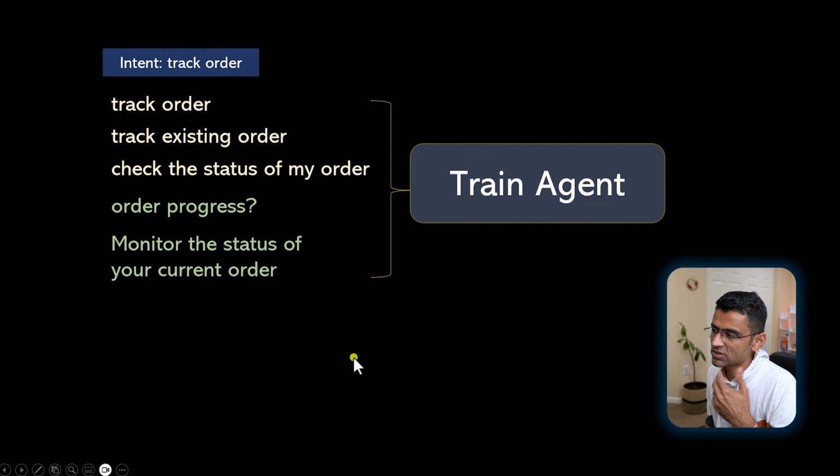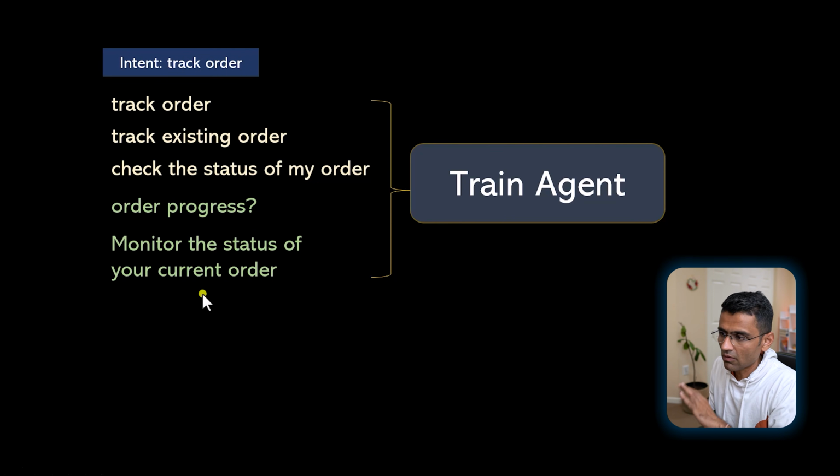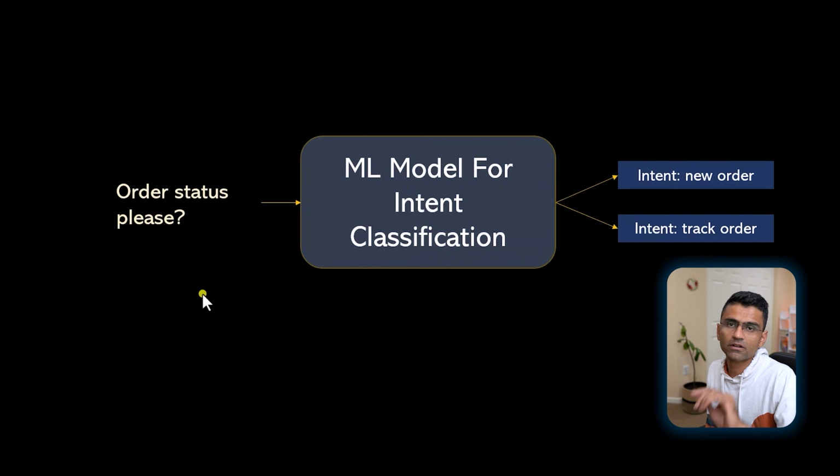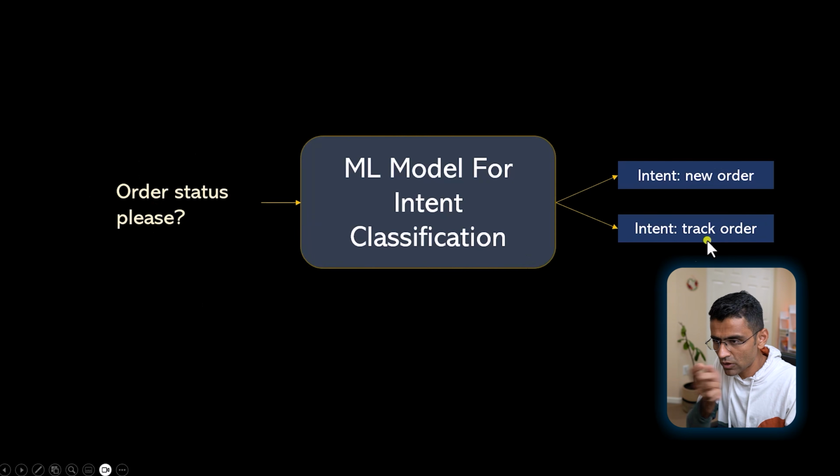Same thing if you say tracking order, let's say these are the 3 training phrases I give. Internally, it will create more training phrases and train the agent. Once the agent is trained, when you give any new text in the chatbot on the top right, when I say order status please, the ML model for intent classification will kick in and try to classify this particular text in one of these intents.